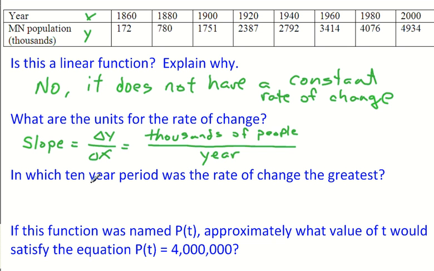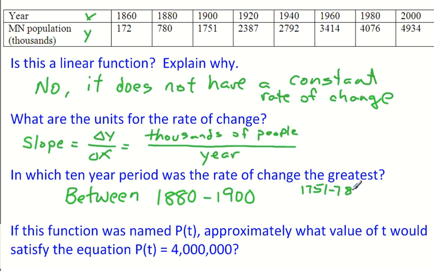So we know that it was between 1880 and 1900 was the greatest rate of change. And if we wanted to actually calculate that, we would subtract our y's, so 1751 minus 780 over 1900 minus 1880. And we would then get, let's see, 971 over 20.